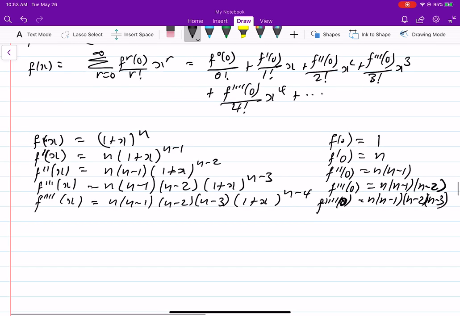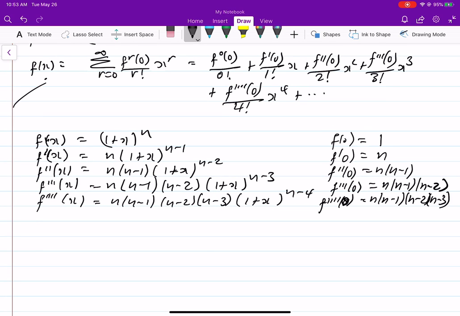So if I plug those expressions into the f of x expression up there, f of x, which was (1 plus x) to the power n, is equal to f of 0, which is 1, upon 0 factorial, which is 1, plus f prime, n upon 1 factorial, which is just n, so that's nx.